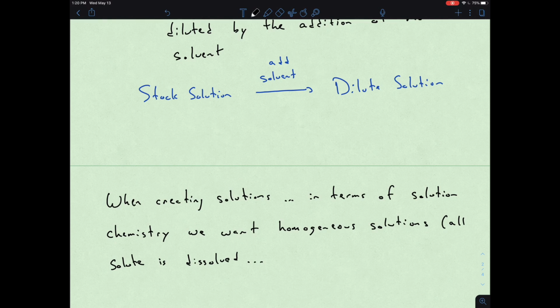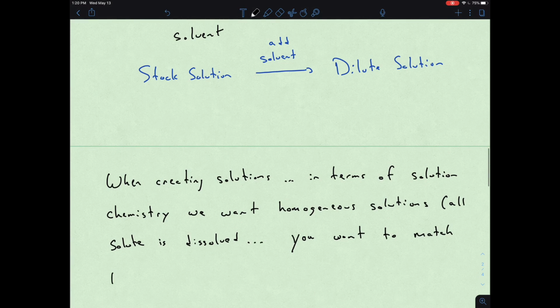So in creating solutions, you basically want to match forces of attraction between the solute and the solvent.